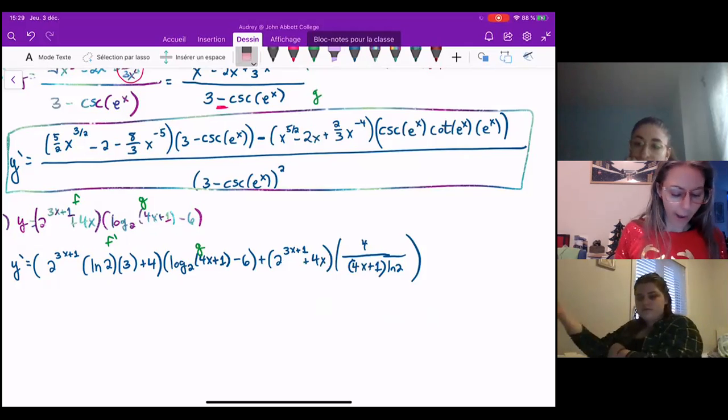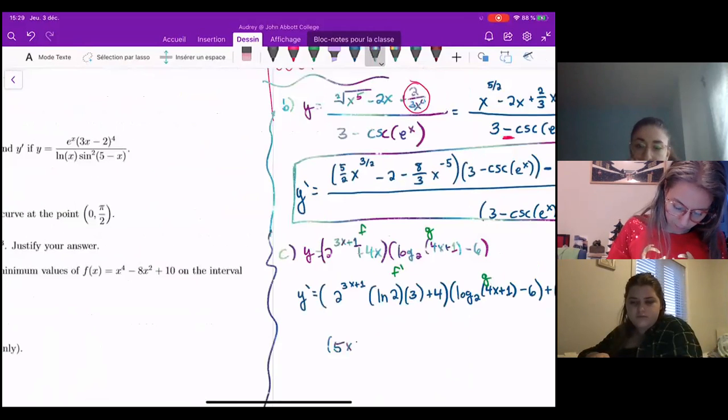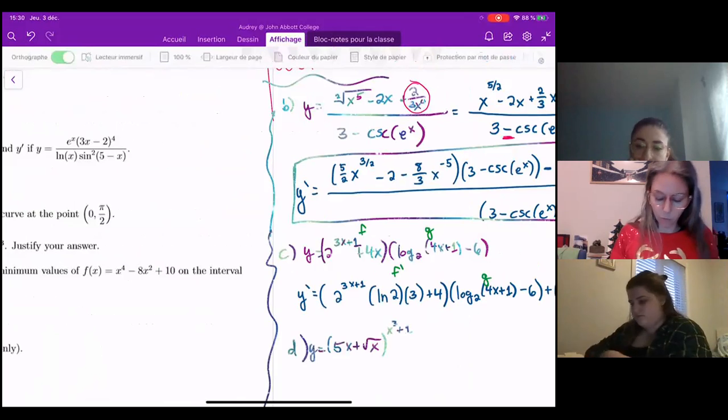There you go. Okay, so D, 5x plus root x to the x cubed plus 1. All right, what's my main rule here?